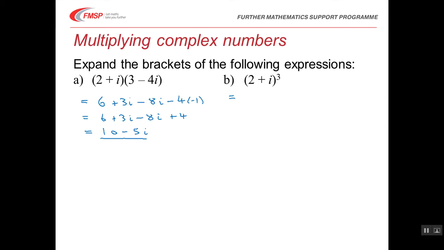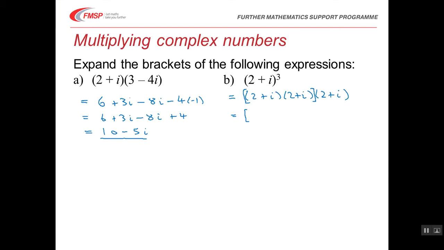If we're doing 2 plus i cubed, we have to be extra careful here because it's 2 plus i times 2 plus i times a third 2 plus i. Don't attempt to expand all three at once, so I'm going to just do the first two brackets together.